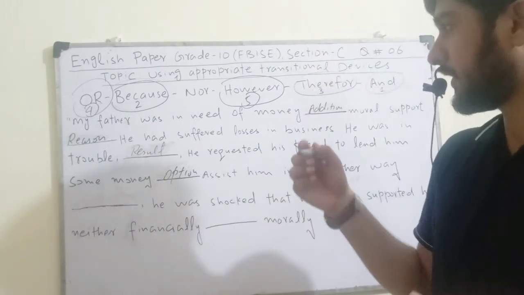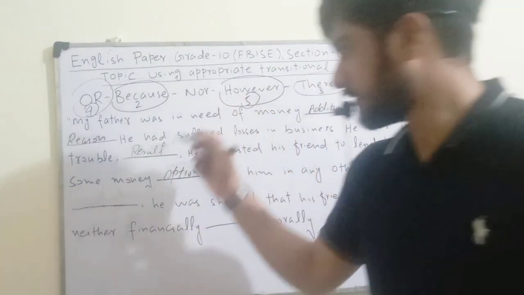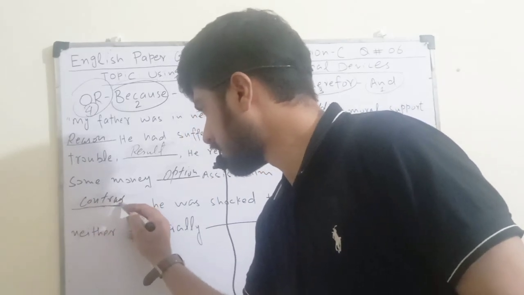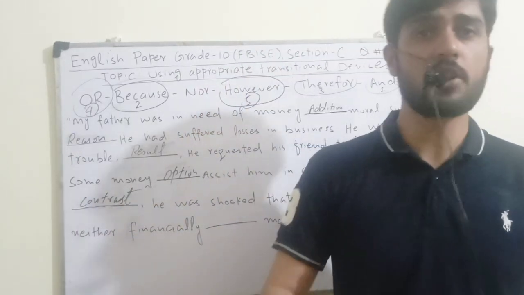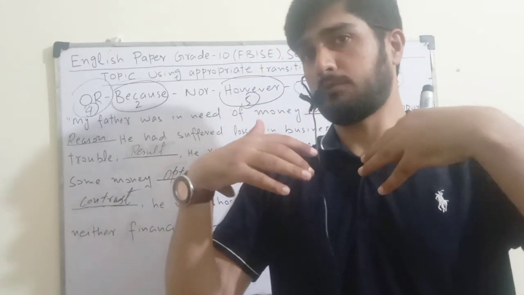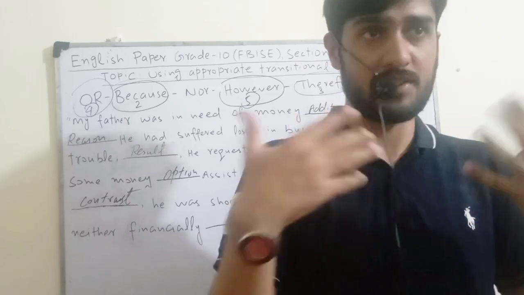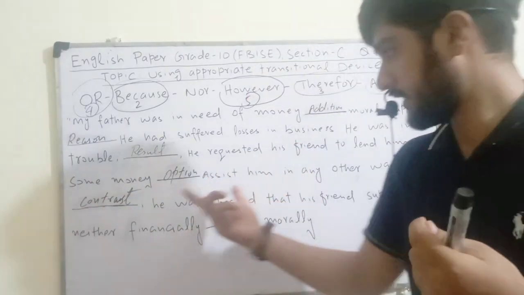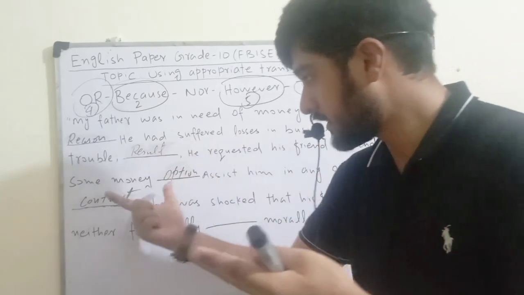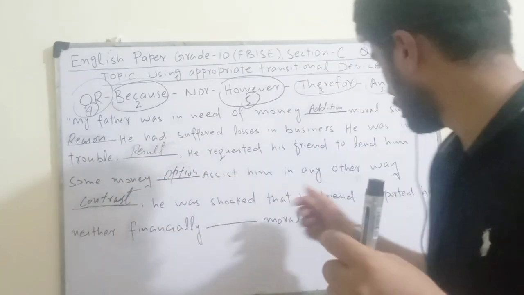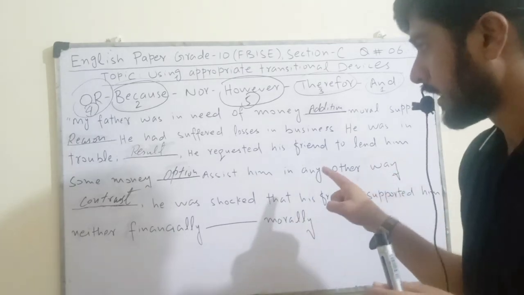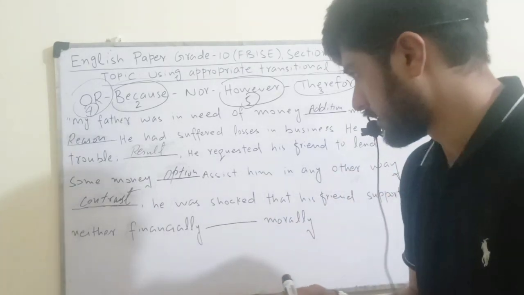The use of "however" as a transitional device is contrast between ideas, thoughts, paragraphs, sentences, between two ideas. So here we use "however." What is the contrast in this context? Here: assist him in any other way, however he was shocked.